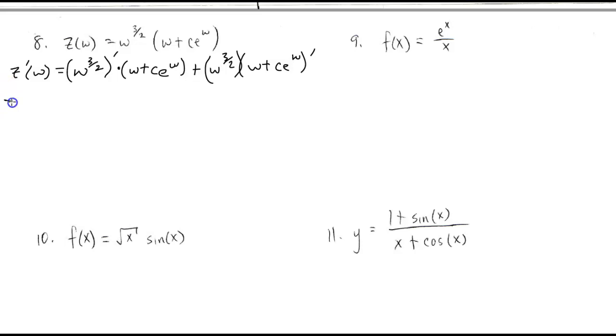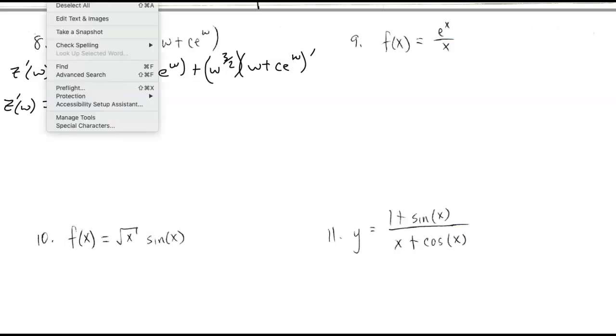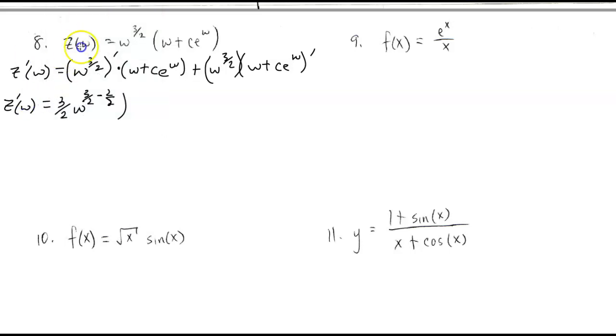So if we do that, then derivative of z of w, here this is just going to be 3 halves w raised to the 3 halves minus 1. I'm going to write 1 as 2 over 2 here. And all that is going to be times w plus c e raised to the w plus, I have w raised to the 3 halves here, and I'm going to take the derivative of these two terms.